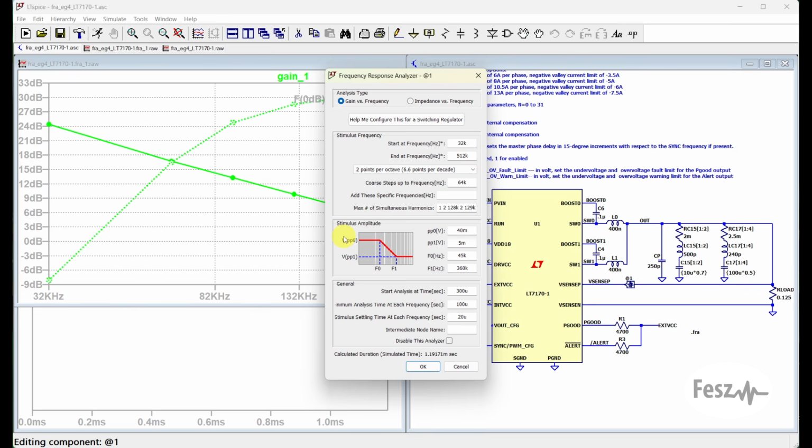So while for all of our previous examples we used a fixed amplitude over the entire frequency interval, for this sort of loop measurement, you commonly start with a larger signal amplitude and then gradually decrease it. That is why in the stimulus block, we have two different frequency points defined with two different amplitudes. So when needed, a variable amplitude stimulus can also be used.